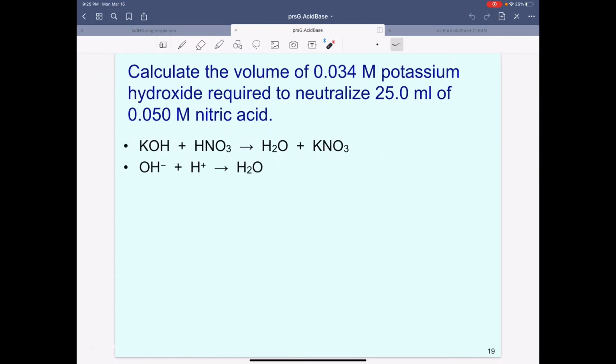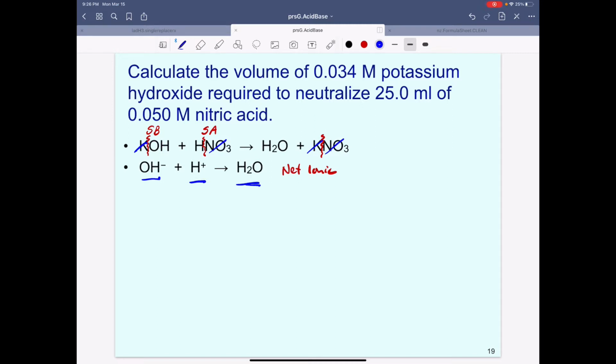So potassium hydroxide, really important that we remember that that's a strong base, and nitric acid is a strong acid, which allows us to know that they are completely dissociated, as of course is the very soluble potassium nitrate, which allows us to know that the net ionic equation would cross out our spectator ions, resulting in OH minus from the strong base, H plus from the strong acid, producing water.